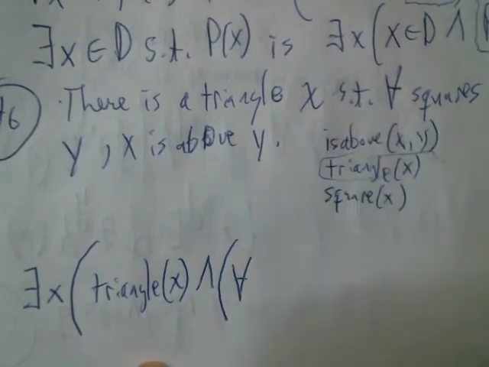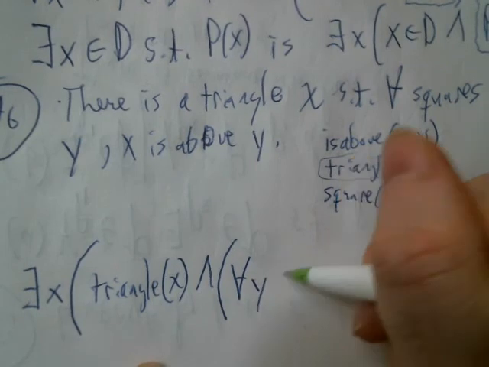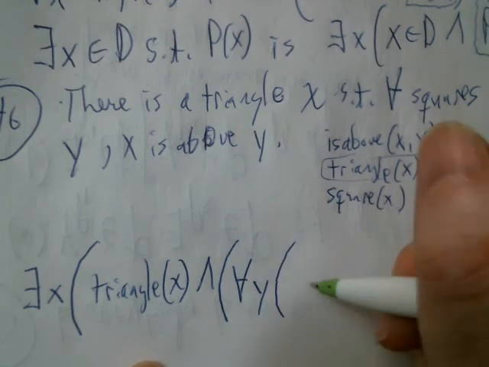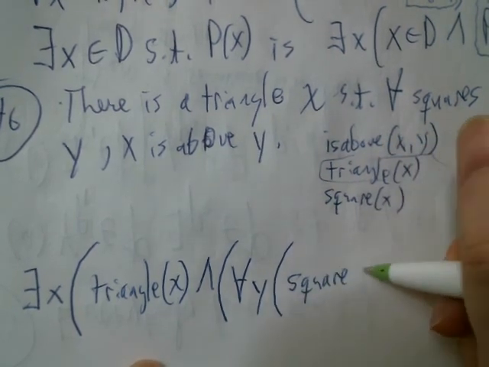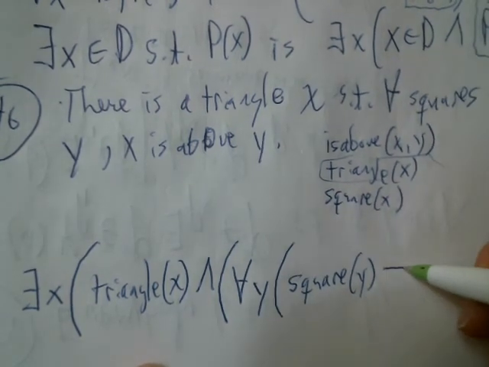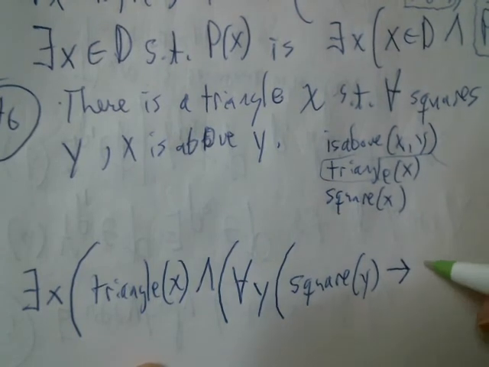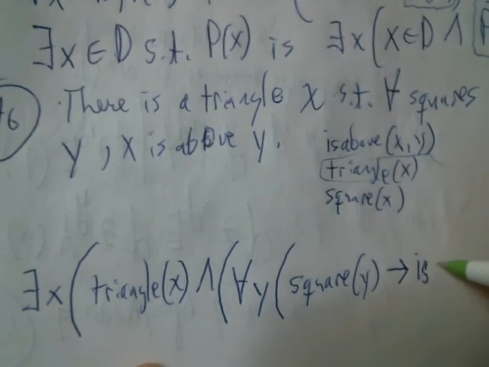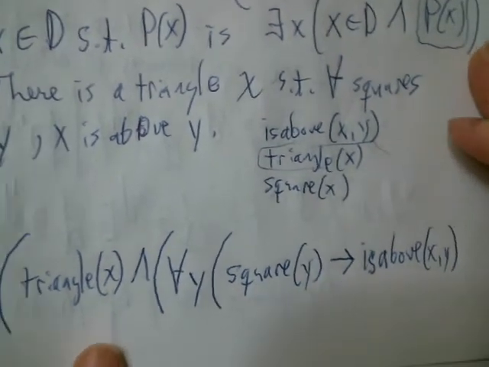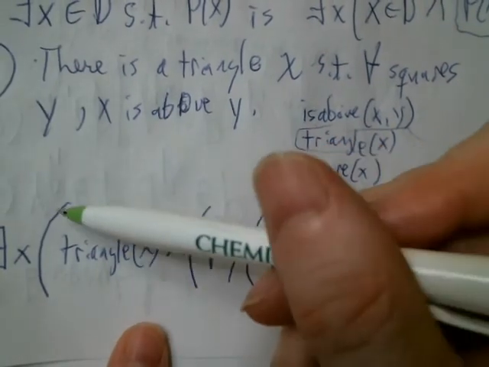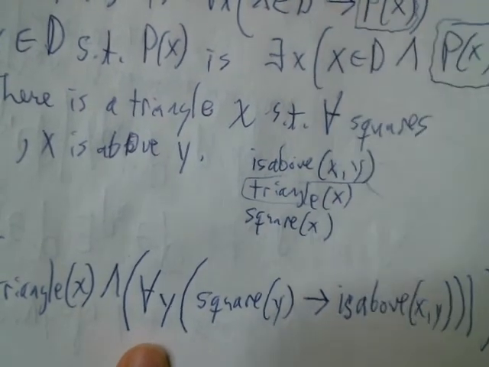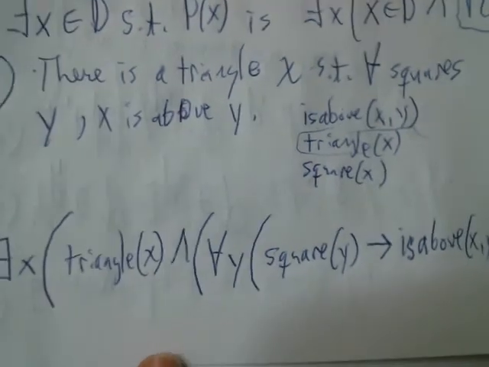For all squares y, so for all y, such that y is a square, so we'll say square, use the square function, and we're using the universal conditional. So for all square y, that implies x is above y, and we use the function notation. Okay, and then the hard part is figuring out how many parentheses I need. You could just count the forward facing, 1, 2, 3, and then plop them in. Okay.